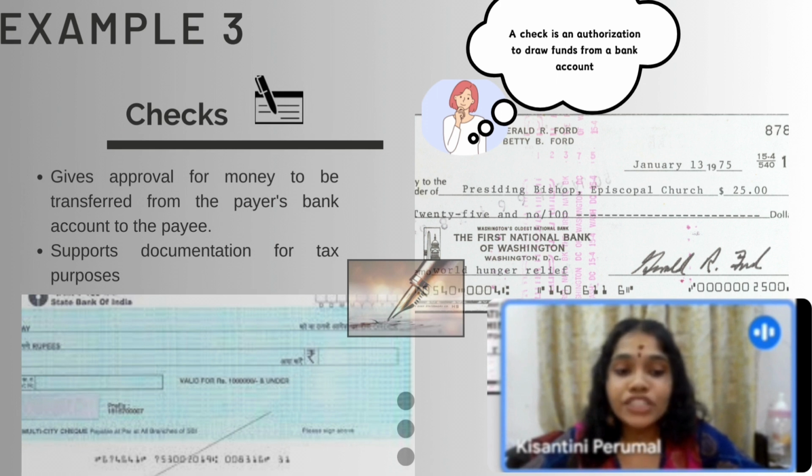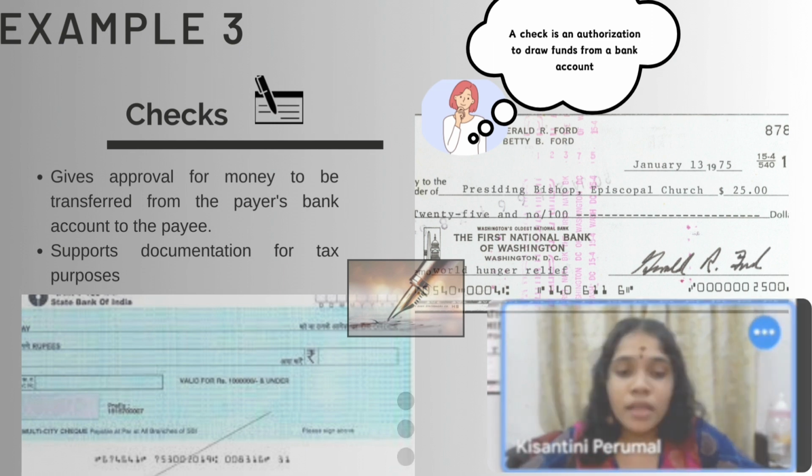Supporting documentation for tax purposes. In order to claim tax deductions, business expenditures must be verified by checks. In order to prepare correct financial reports for tax compliance, the information on checks is helpful.